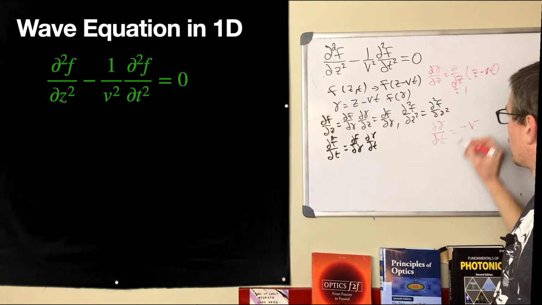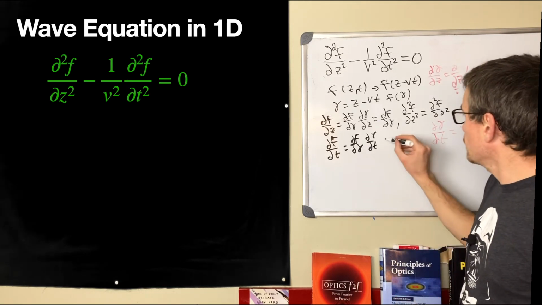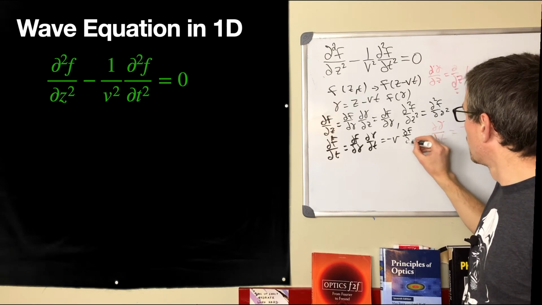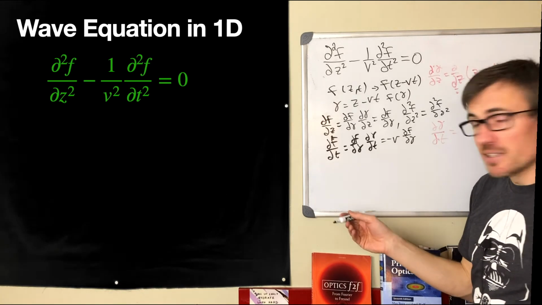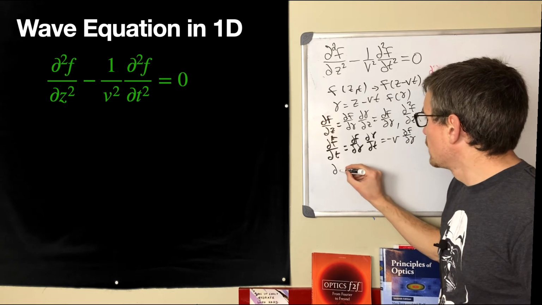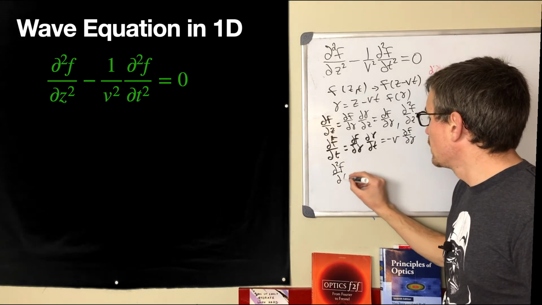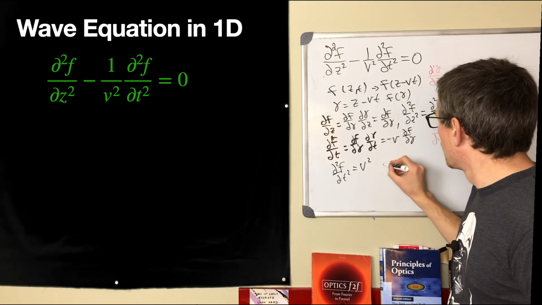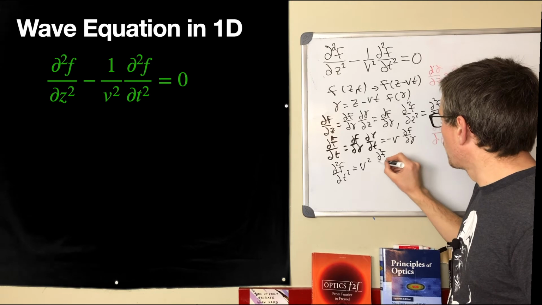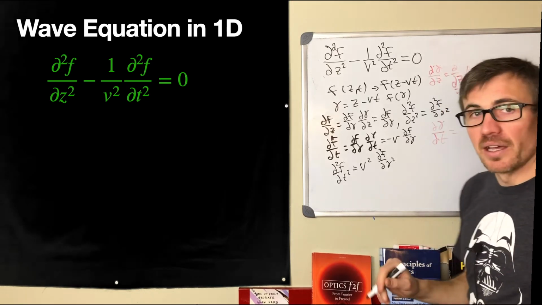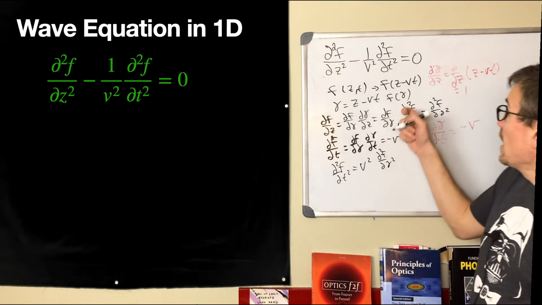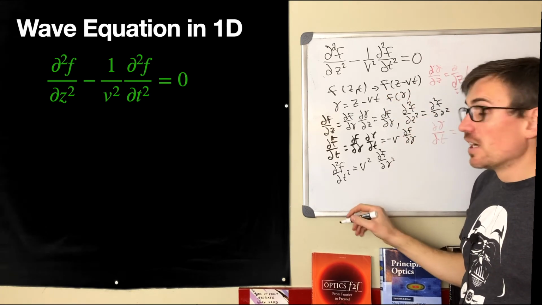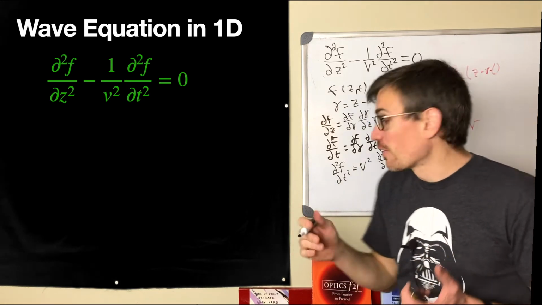So it equals negative v times df by d gamma. Last but not least, d2f by dt2, with another negative v, is v squared d2f by d gamma squared.